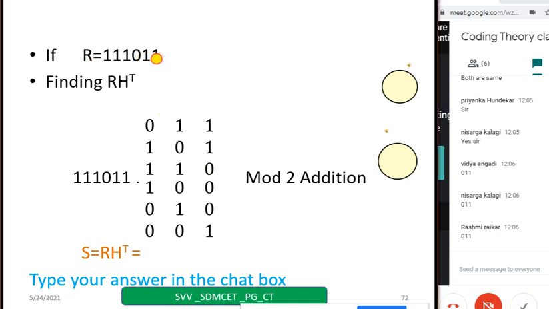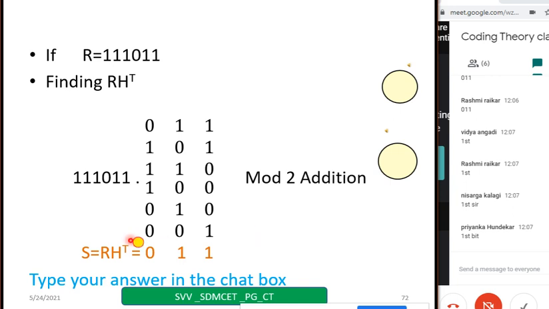Which bit have I changed? Earlier I got 000. Yes, Vidya has identified it is the first bit you have changed compared to the previous R. Now observe carefully. This is 011. Which row is 011 in H transpose?